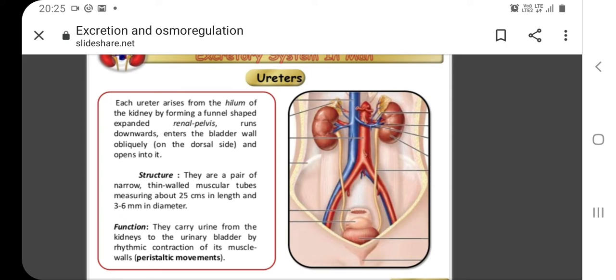They are a pair of narrow, thin-walled muscular tubes measuring about 25 centimeters in length and 3 to 6 millimeters in diameter. The function of ureter is to carry urine from the kidney to the urinary bladder by rhythmic contraction of its muscle wall, known as the peristaltic movement.